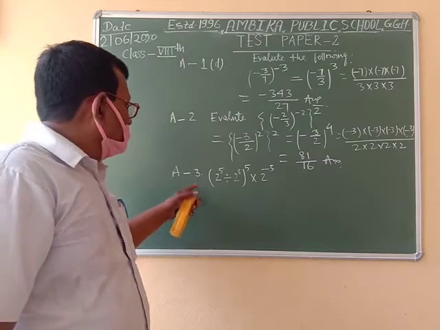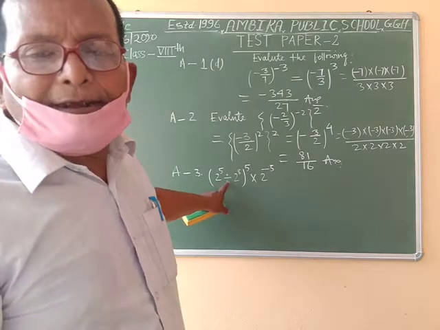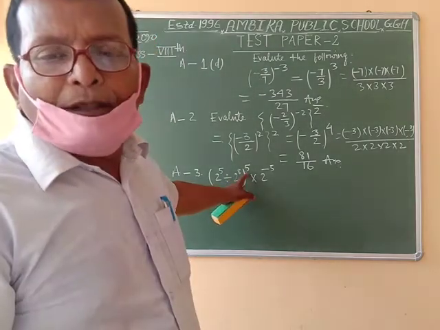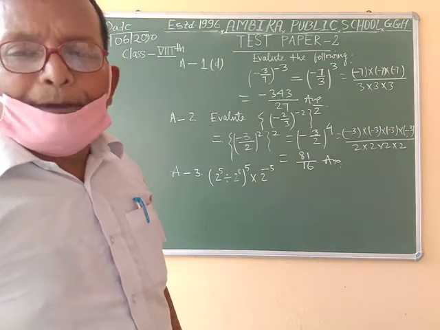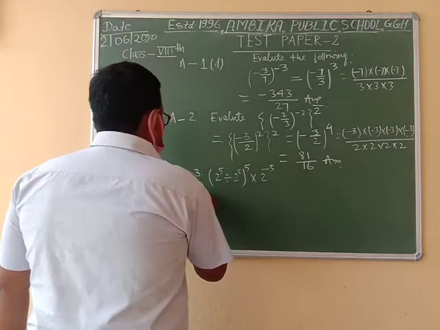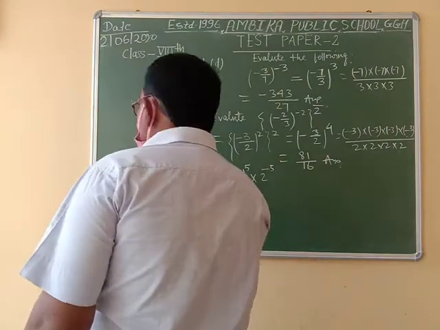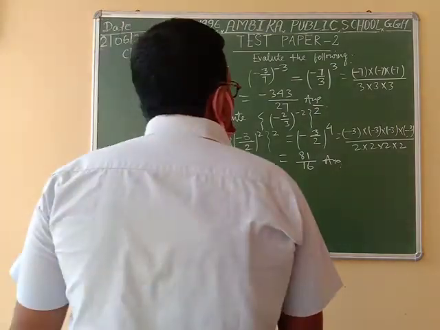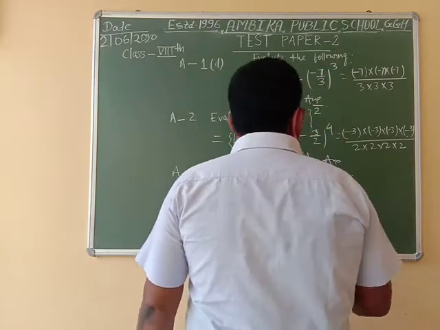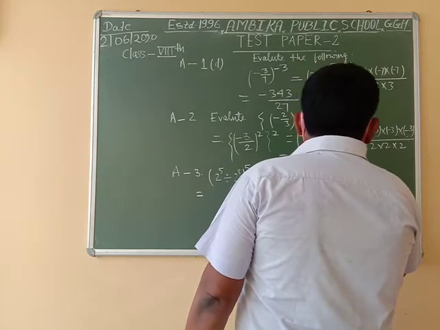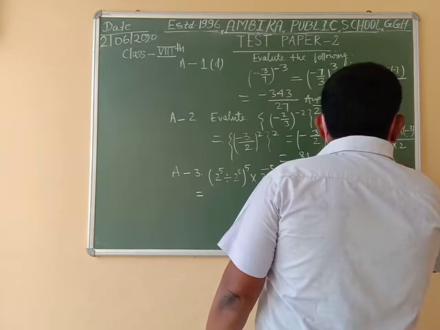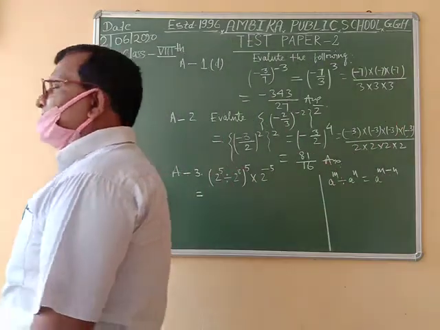Answer 3. 2 to the power 5 divided by 2 to the power 8, whole to the power 5, multiplied by 2 to the power minus 5. We know that a to the power m divided by a to the power n is equal to a to the power m minus n. We have learnt this in the previous class.